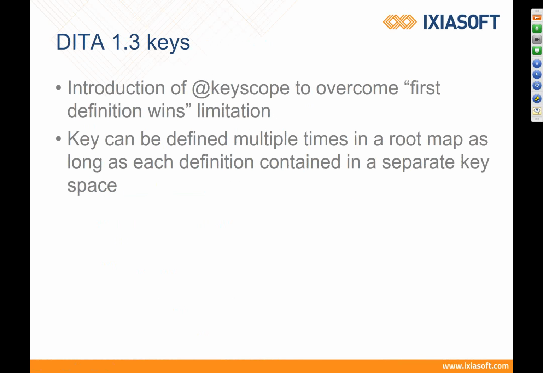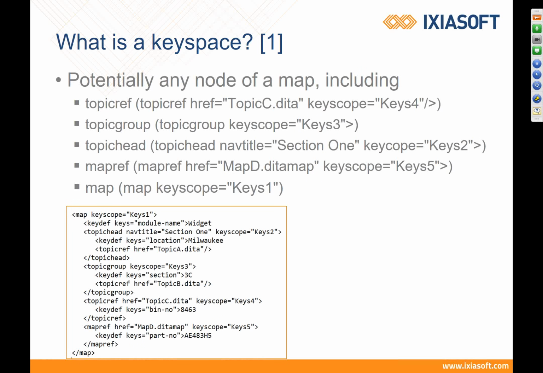So with DITA 1.3, we saw the introduction of the key scope attribute, and it overcomes that first-definition-wins limitation. So now, if you use key scope, you can define the same key multiple times in a root map as long as each definition is contained in a separate key space.